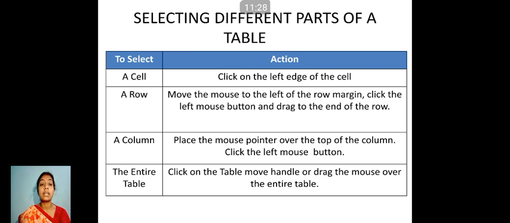The answer is, click on the table move handle. On the top, you see a plus kind of symbol with arrows on all sides. That is known as the table move handle. Or drag the mouse over the entire table. Selecting with the help of the table move handle is the easier one. I will also show you how to drag the mouse over the entire table.